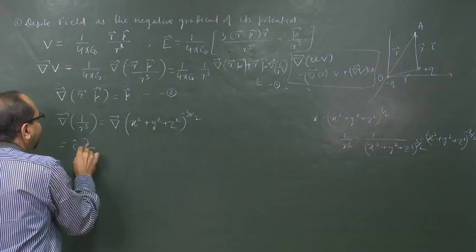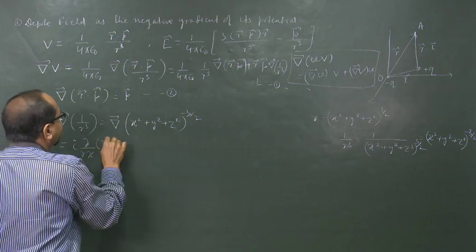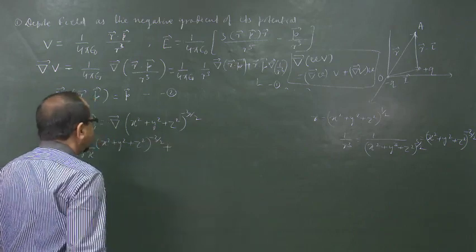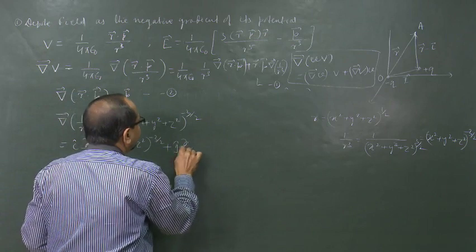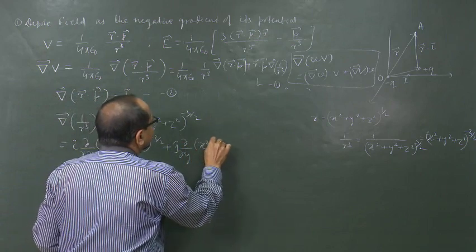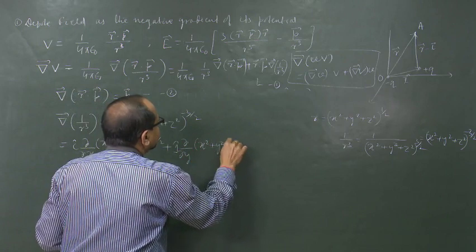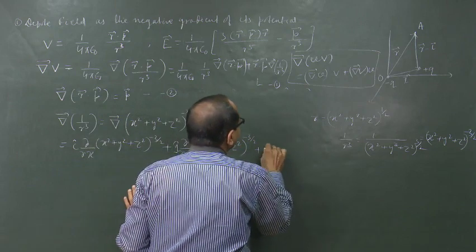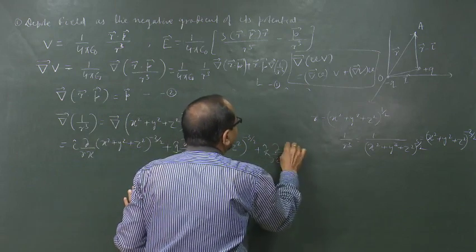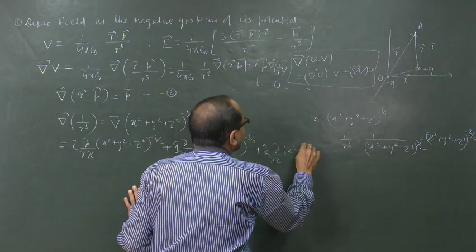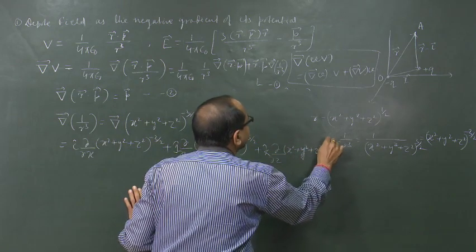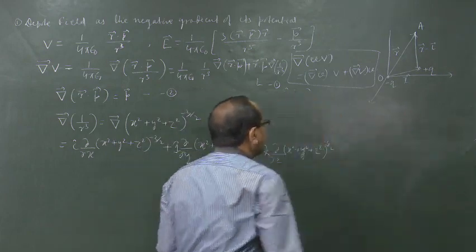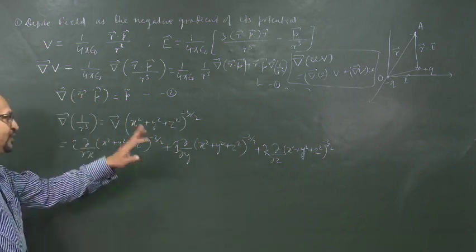It is i cap del by del x of (x square plus y square plus z square) to the power minus 3 by 2 plus j cap del by del y of (x square plus y square plus z square) to the power minus 3 by 2 plus k cap del by del z of (x square plus y square plus z square) to the power minus 3 by 2. This is our gradient of 1 by r cube.